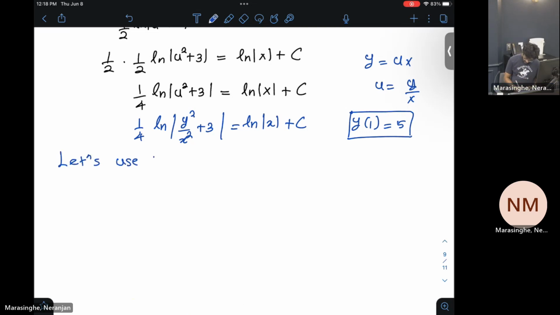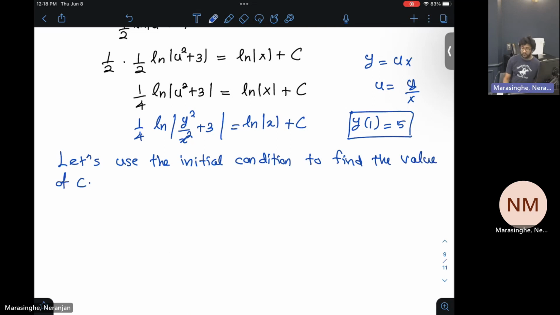Let's use the initial condition to find the value of the constant. So I would get 1/4 natural logarithm of (5 square divided by 1 square plus 3) equals ln 1 plus c.